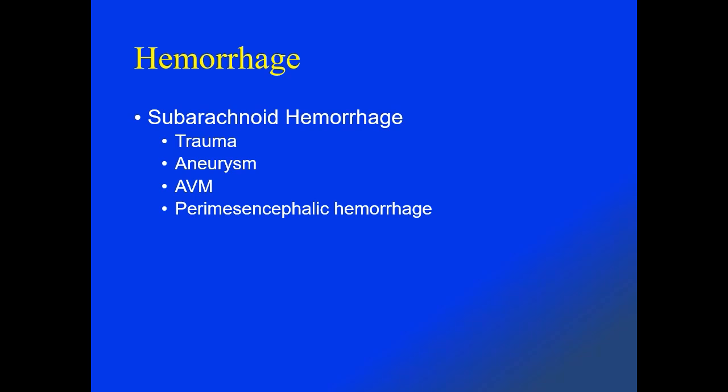Occasionally, subarachnoid hemorrhages can be seen with AVM rupture, and there is a special entity called benign perimesencephalic hemorrhage, where a small amount of subarachnoid hemorrhage is visualized typically around the upper brainstem without any definite aneurysm or AVM being discovered on follow-up imaging, including cerebral angiography.